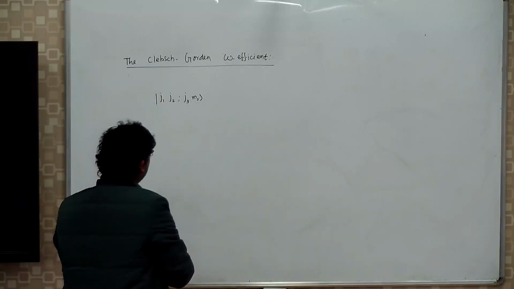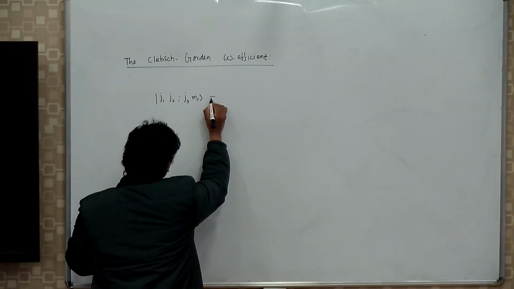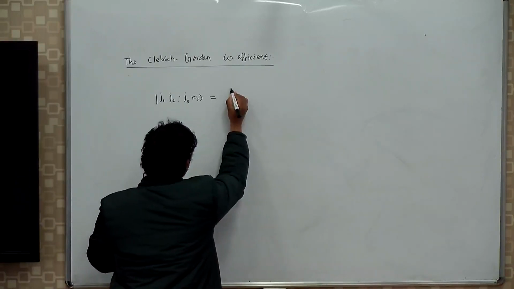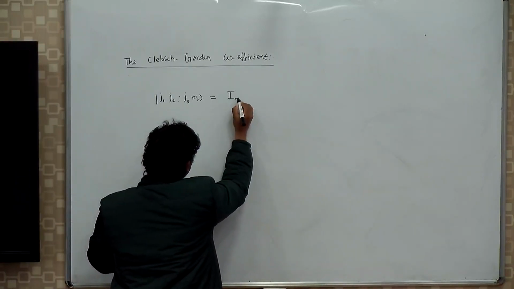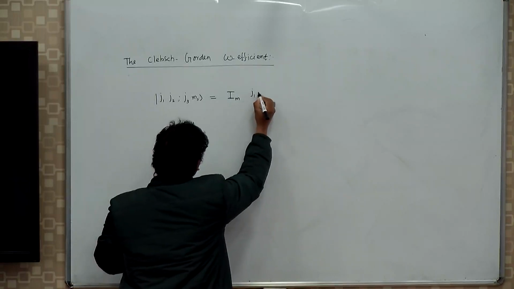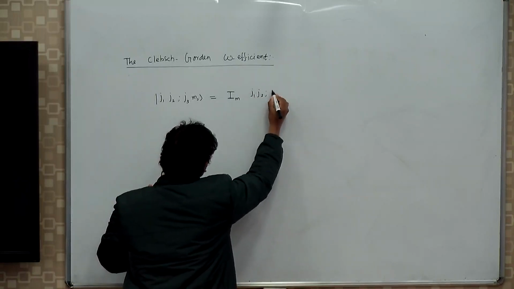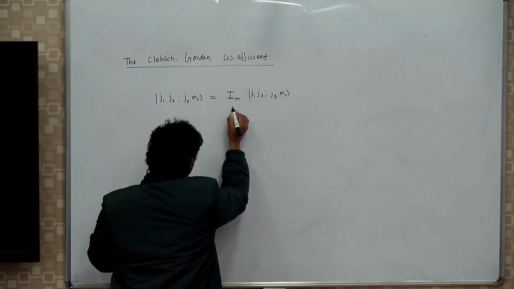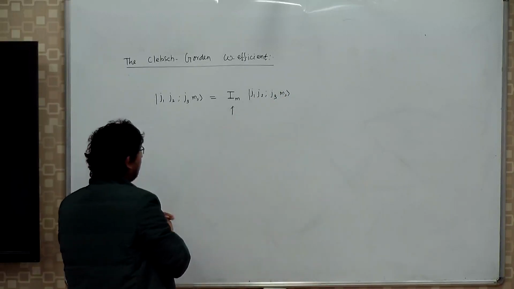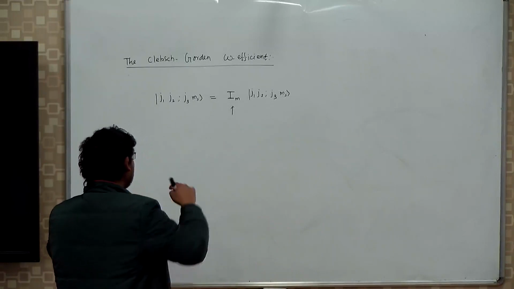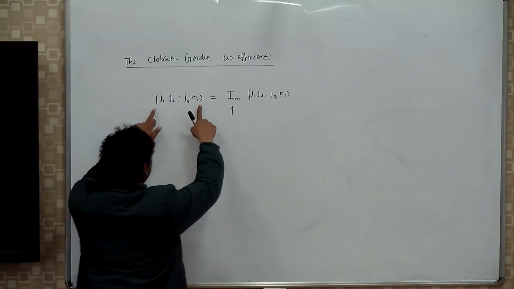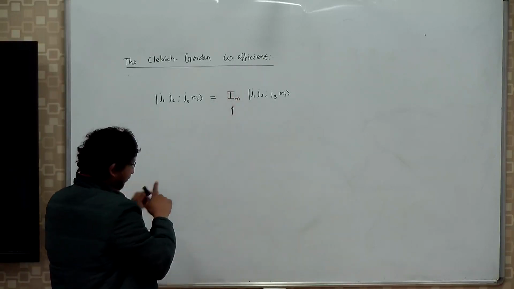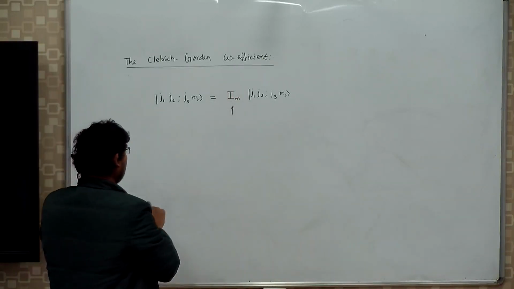This is a state vector, and this state vector can be written with the completeness relation. Here I am putting the identity operator between the bra and the ket |J1, J2, J3, M3>, and this completeness relation comes from the uncoupled basis. This is a coupled state, and here this completeness relation we have to write from the uncoupled basis.